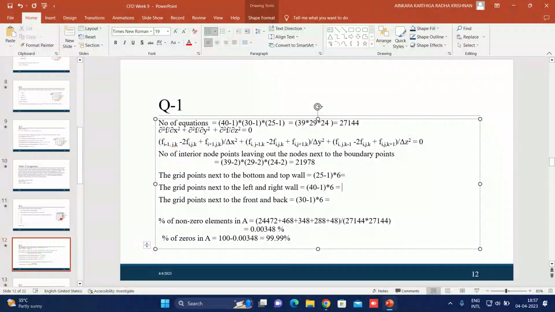What we would be getting is, one second, just a minute. 24 into 6. Since we are dealing with two walls, it would be number of points into 2.